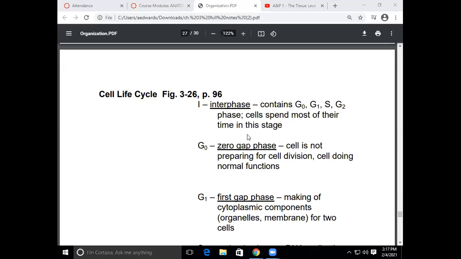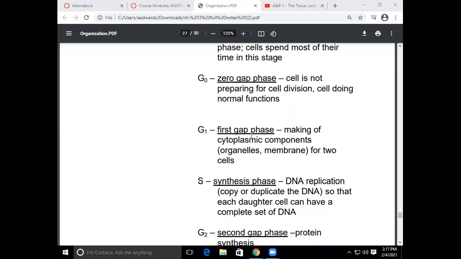It has some phases within it: G0, G1, S, and G2. In G0, or zero gap phase, your cell's just doing its normal everyday business, not preparing for cell division. Once you get to G1, or first gap phase, you start preparing for cell division.